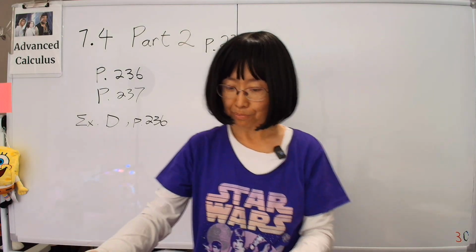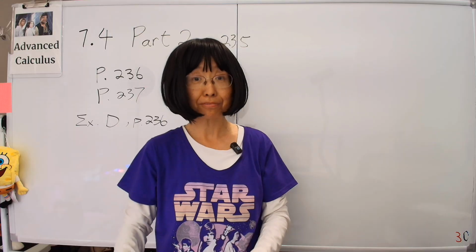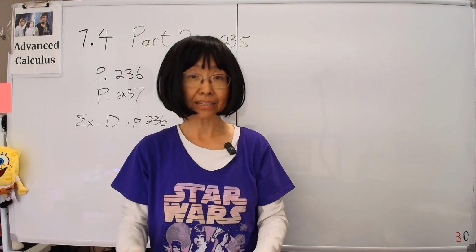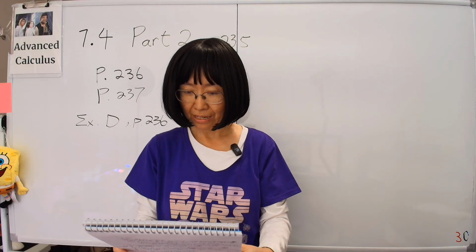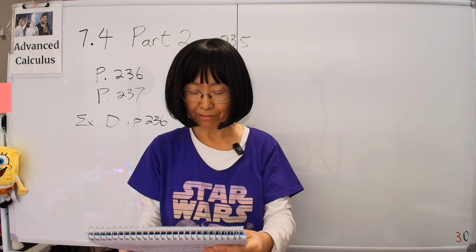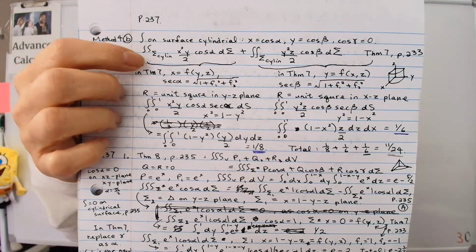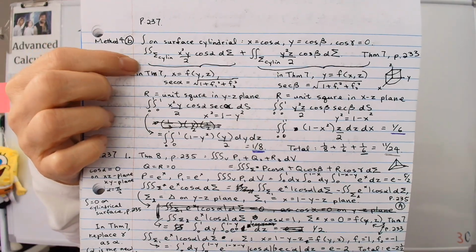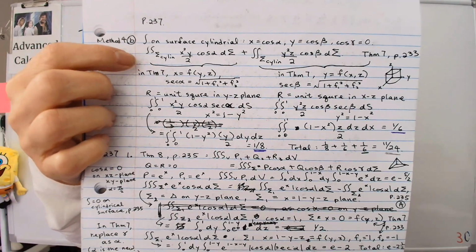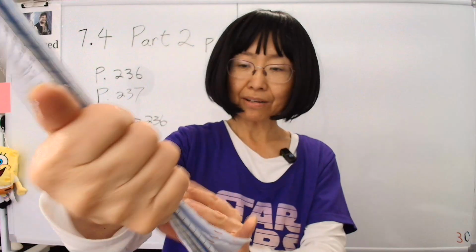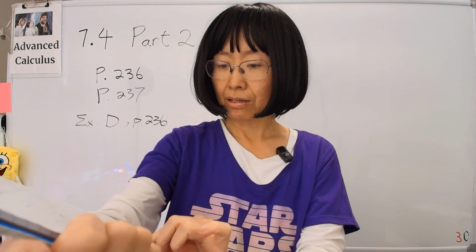And then I looked at the book, and the book said something different from what I did in calculating the cylindrical surface. When I looked at it more carefully, I realized that the book is applying Theorem 7 to calculate the cylindrical surface. We still have the same integral here.